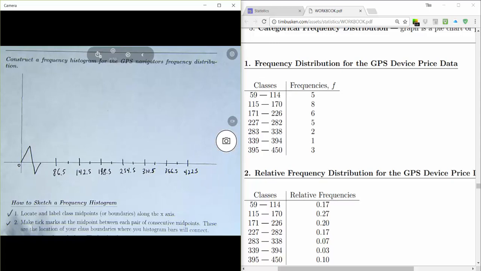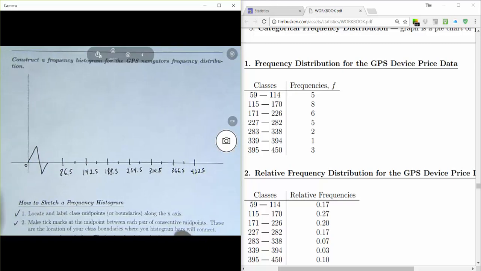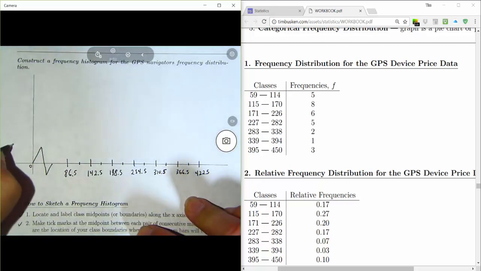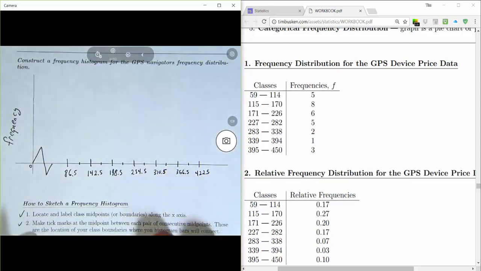Okay? So if you take a look at the first class frequency, it's 5. So I want to draw now a bar with a height of 5. So we want to go ahead and scale the frequency axis and label the frequency axis with the word frequency. If you notice in our table, the largest frequency is 8.